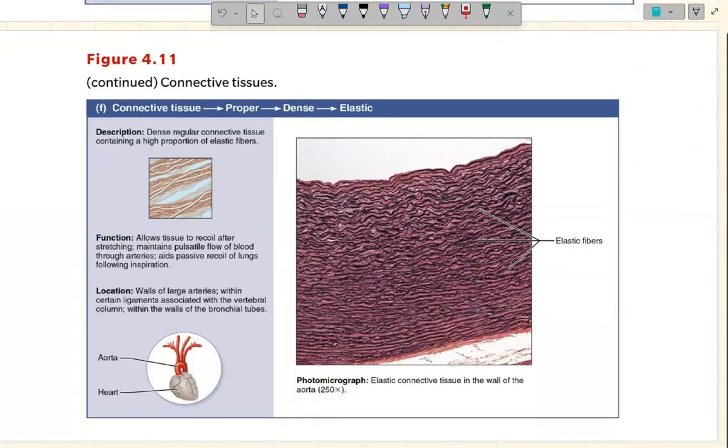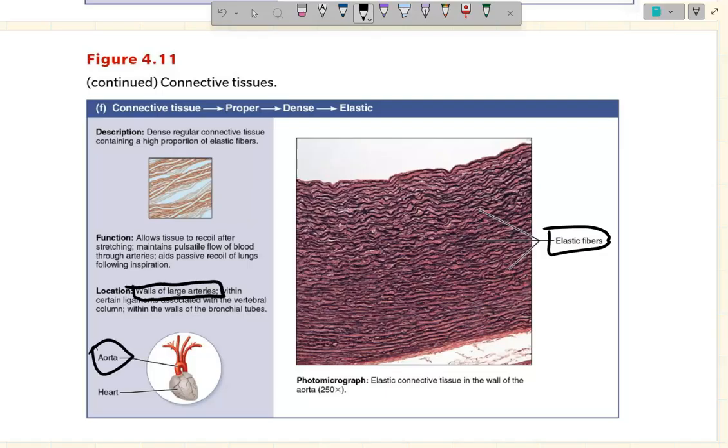Okay, the last dense type of tissue we're looking at is called elastic, and this one has primarily elastic fibers, as the name suggests. It's found typically in the walls of large arteries, so the aorta is a really good example here, and that's what you're looking at here, in the wall of the aorta.